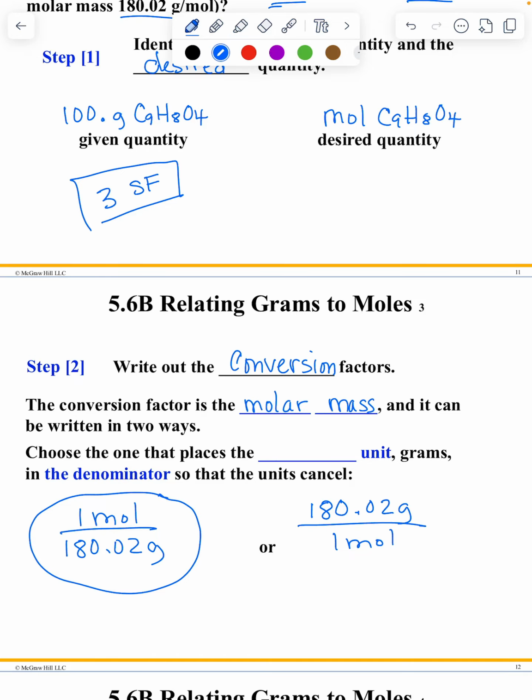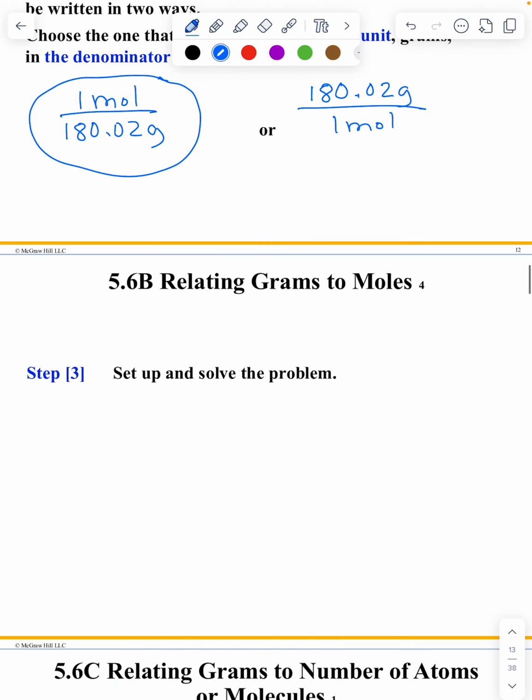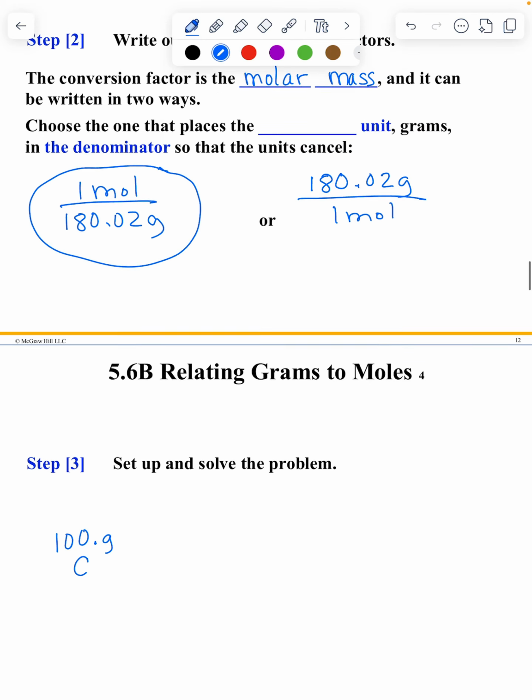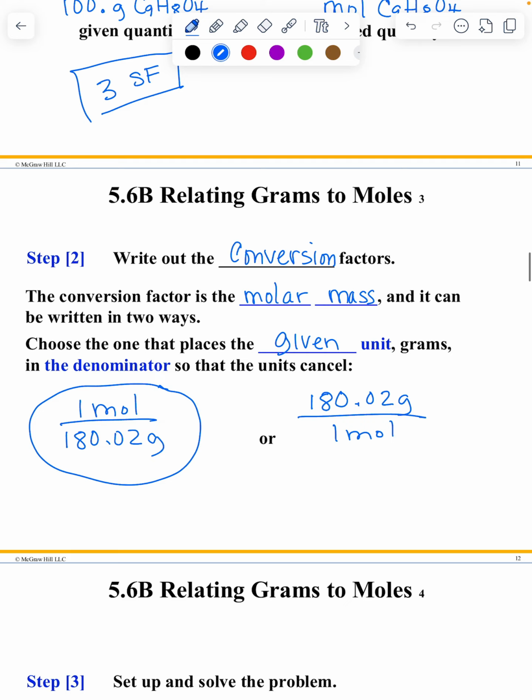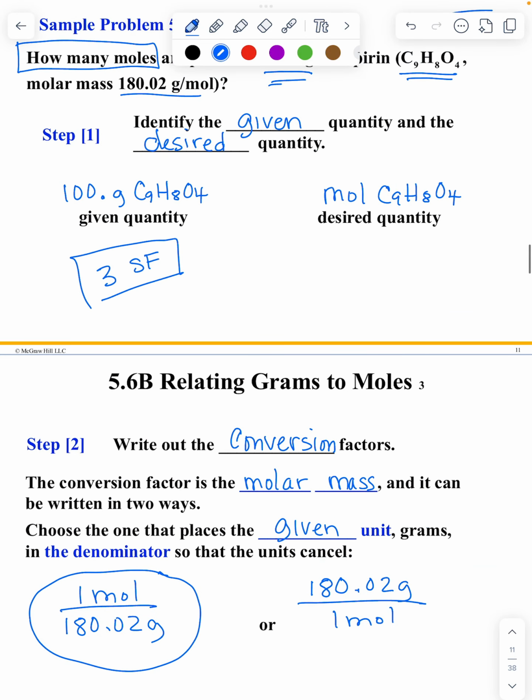When we set up our problem, we always put what was given first, 100 grams of aspirin. Oh, I forgot to make the given unit in the denominator. I'm scrolling to see that formula, C9H8O4.